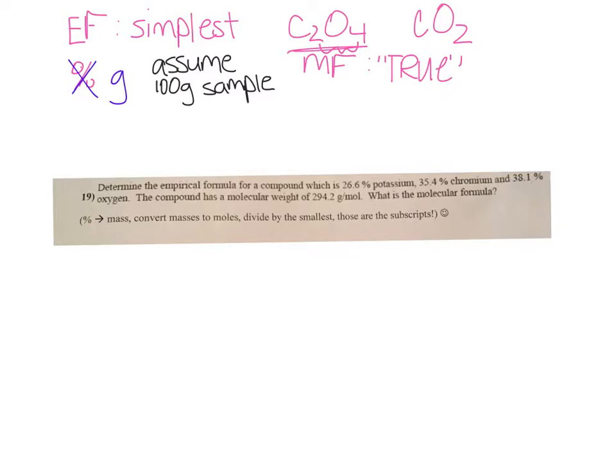So once you have things in grams, you're going to go from grams to moles, okay? And then you're going to divide by the smallest, and those should be your subscripts.